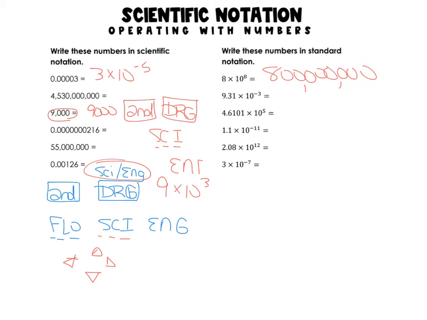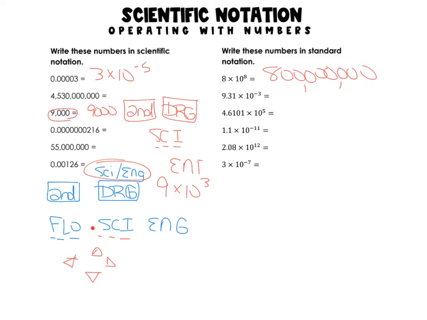So that's how to change from a normal number to scientific notation. You would already be in what I'm just calling FLO mode. You would type in 9, second DRG, arrow over to SCI, hit enter, and get that.